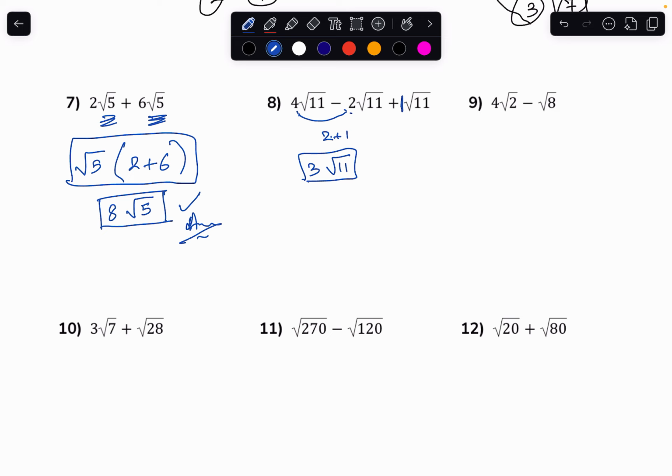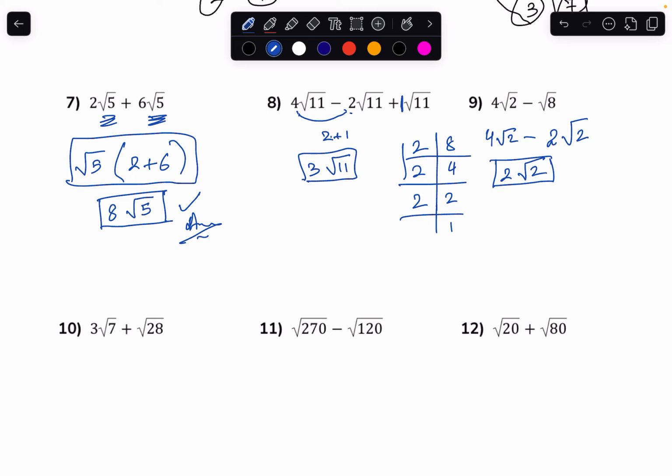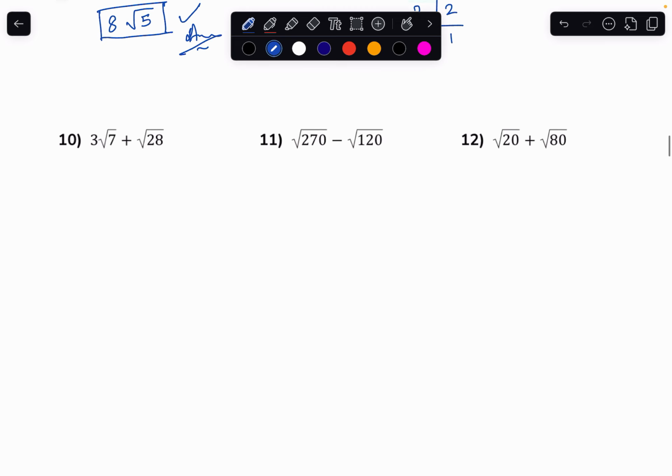Like now 4 root 2 and 8. 8 can be written as 4 times 2, so this 2 is common, this 2 stays inside. 4 root 2 minus 2 root 2. 4 minus 2 is 2. 2 root 2 will be your final answer. Now let's check this.